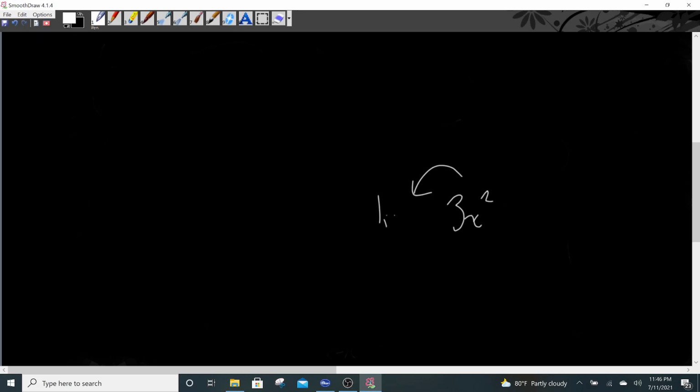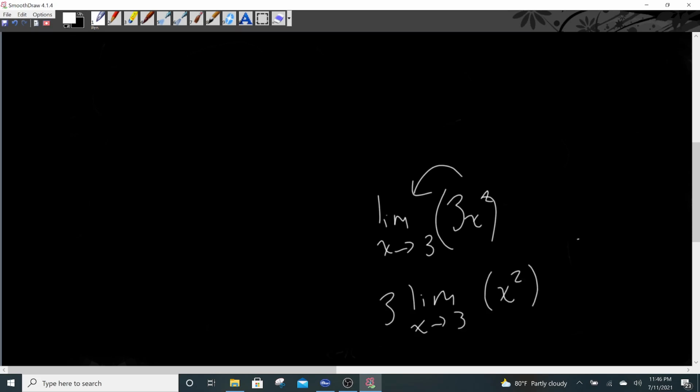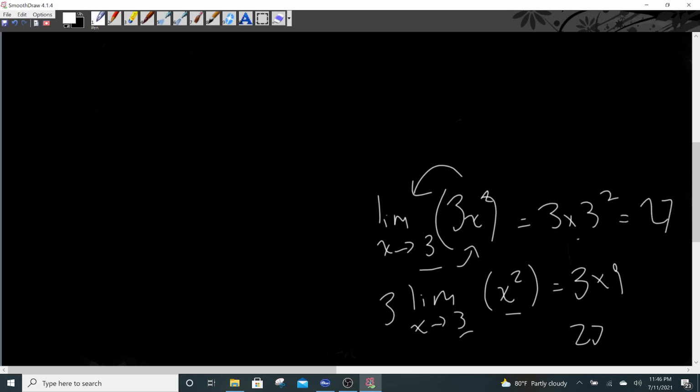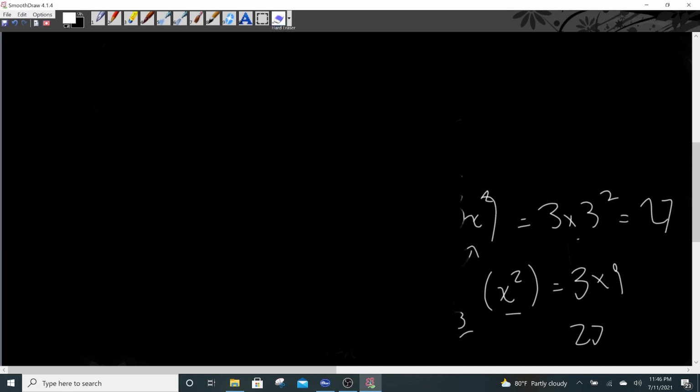Like if we go back to our original example, limit as x approaches 3 of f of x, then you can factor out the 3, and then, using direct substitution, we can say that 3 squared in that situation would be 9, 3 times 9, 27. That's obviously going to be the same as if you substituted it in there, you'd have 3 times 3 squared, which is, again, going to be 27. And I think that's pretty self-explanatory.